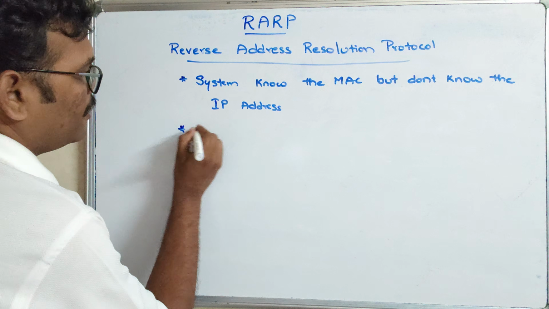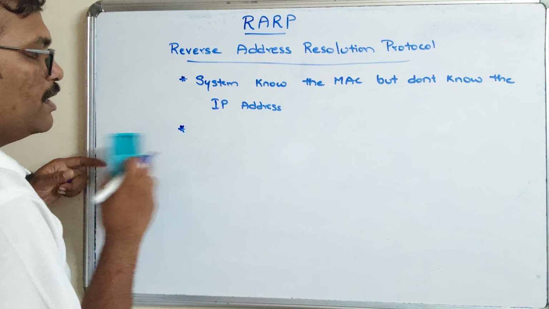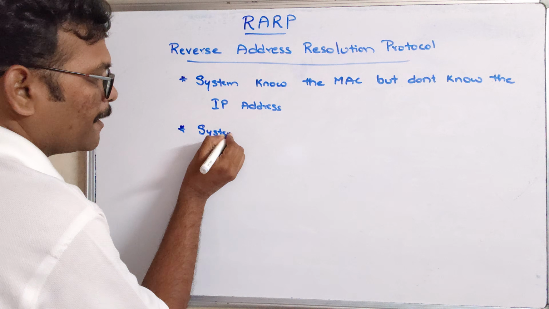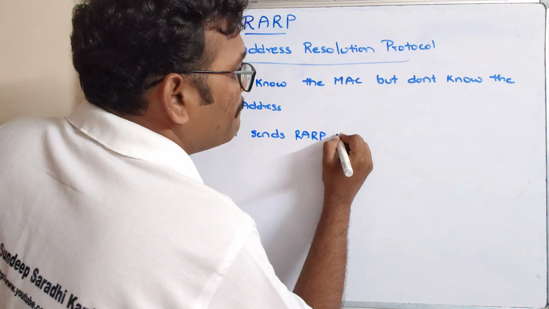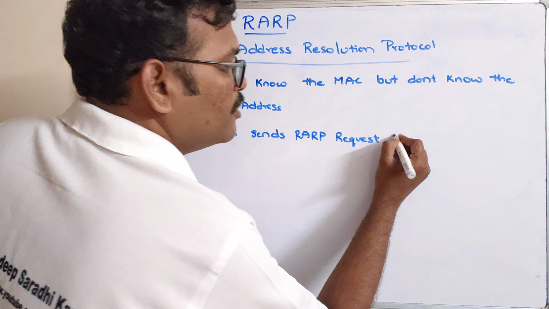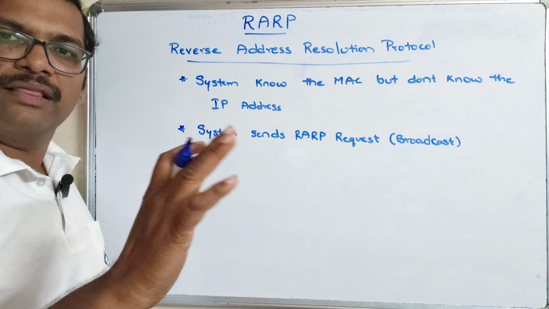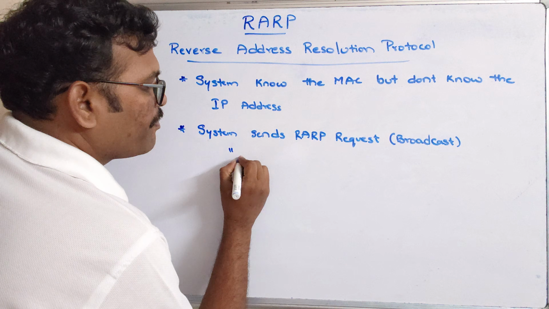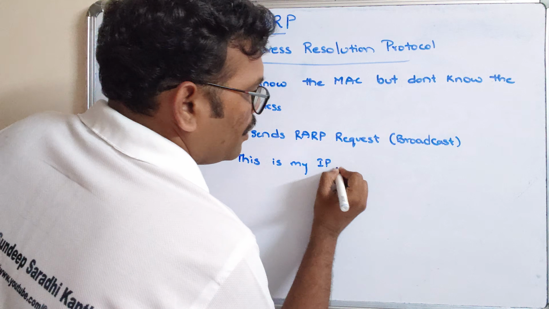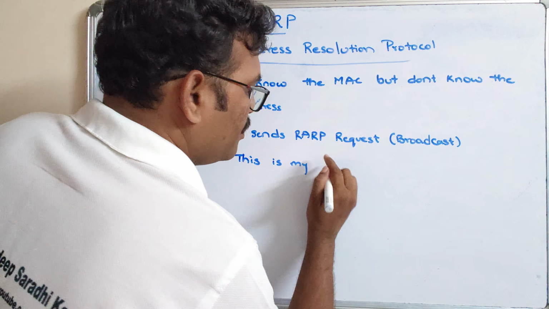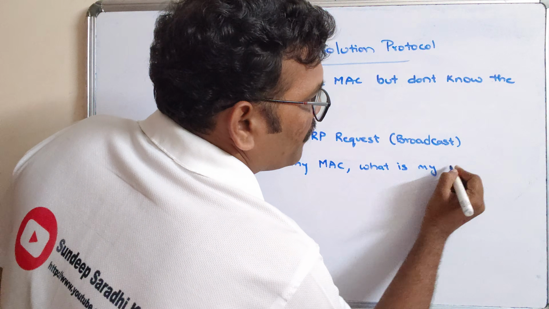So here, the system sends a RARP request. So here also the same request, which is a broadcast, so it will be sent to everyone in the network. So telling, this is my MAC address, what is my IP.